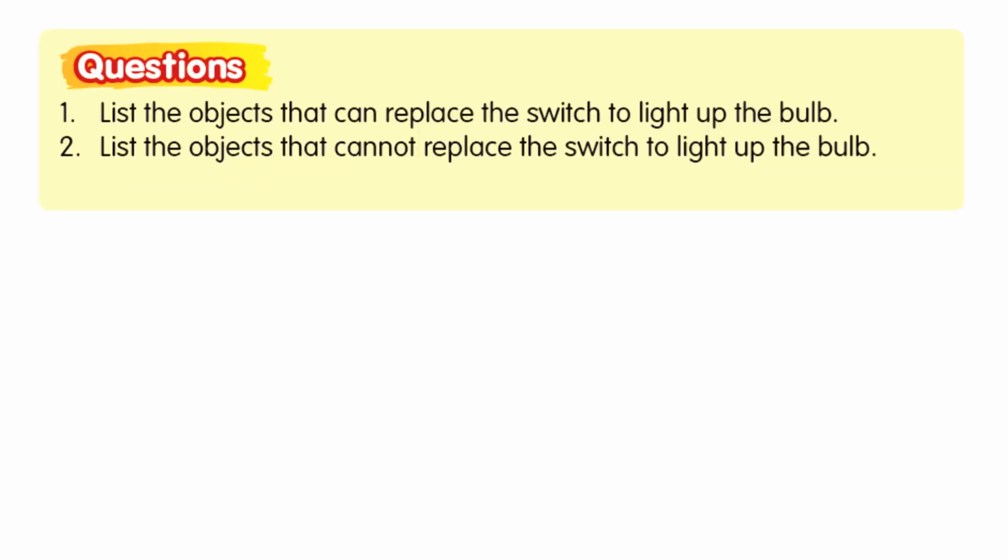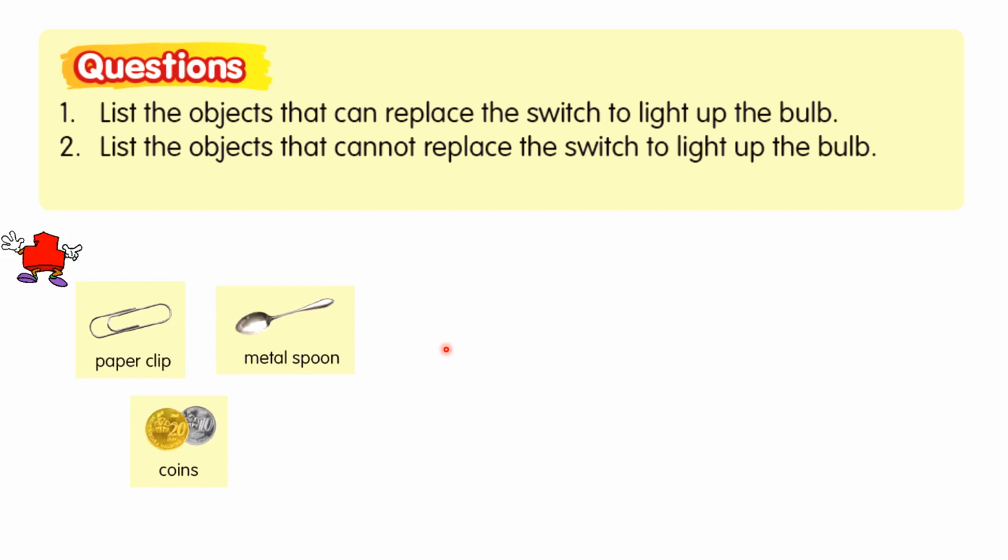There are 2 questions below. Let us discuss the answers. Number 1. List the objects that can replace the switch to light up the bulb. Senaraikan objek yang boleh menyalakan mentol. So, the answers are paper clip, metal spoon, and also coins.